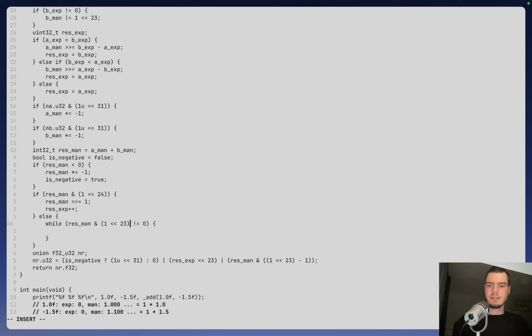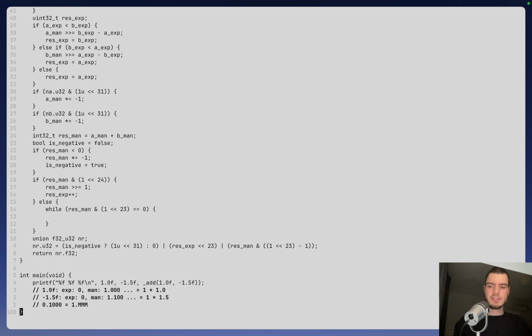If it is 0, then we need to shift our mantissa to the left until it's not 0, in which case we would exit the loop.